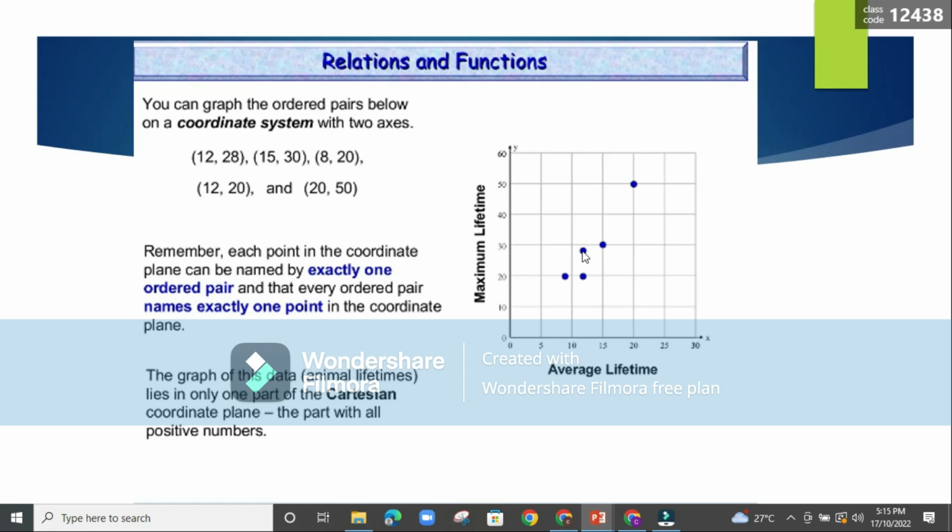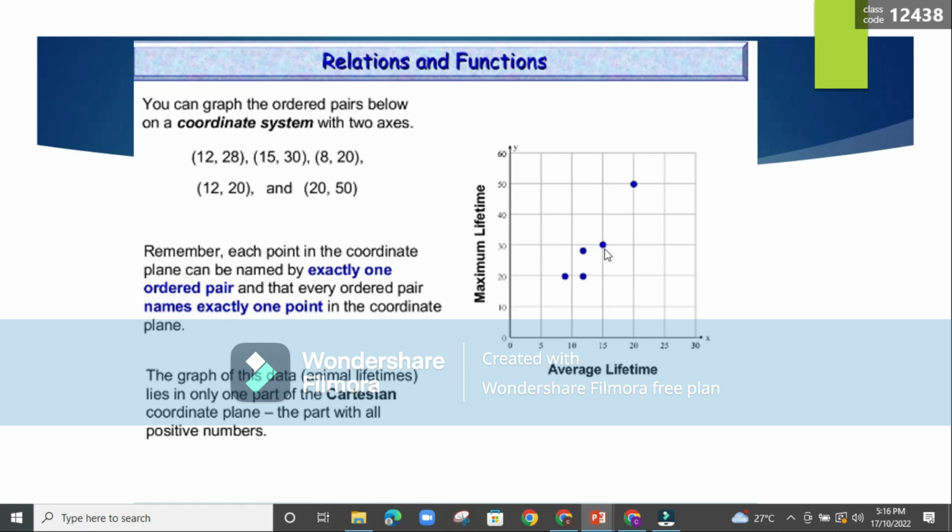We also have 15, 30. It's very easy for us to locate 15, 30 on the graph. 15 is the x coordinate along the x-axis, then go up. 30 is here. So this is our point for the coordinate 15, 30.